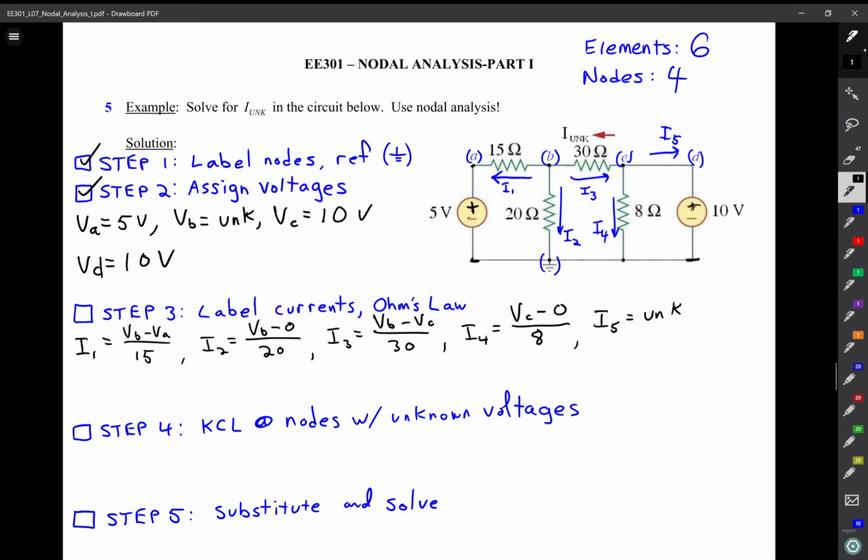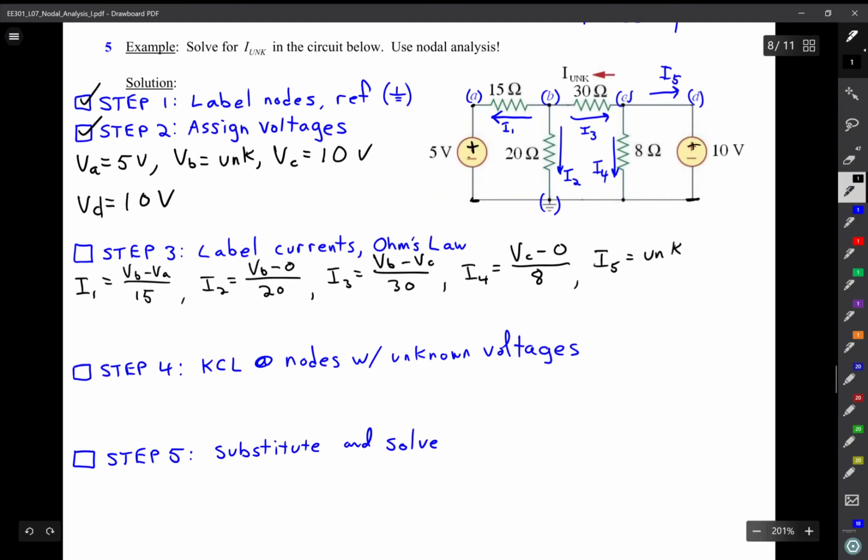I don't know what the current is through that path with the 10 volt voltage source. Okay, so now I've labeled all the currents. I'm done with step 3.